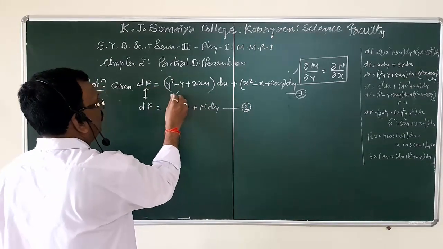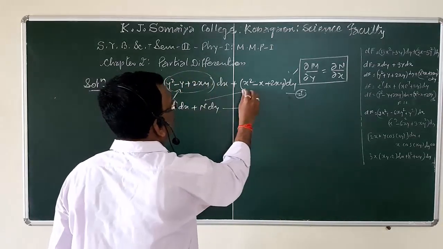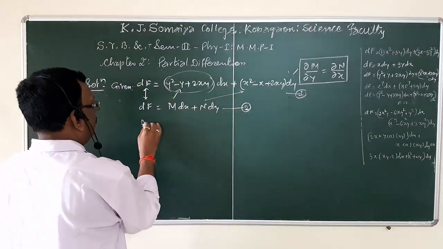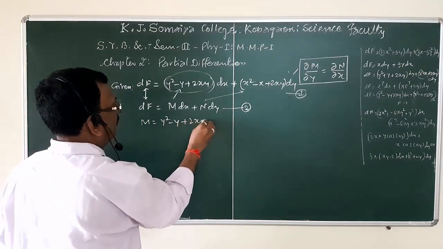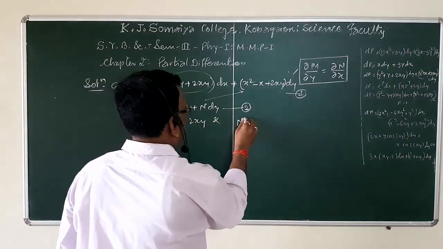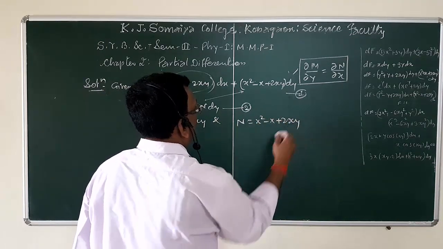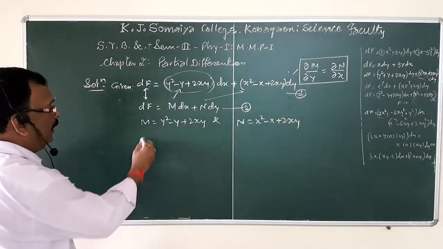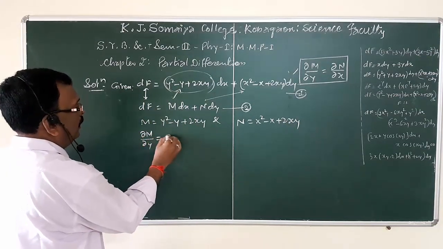Comparison gives us the value of M and the value of N, that is M is equal to y square minus y plus 2xy and N is equal to x square minus x plus 2xy. Differentiate M with respect to y, that is del M by del y.